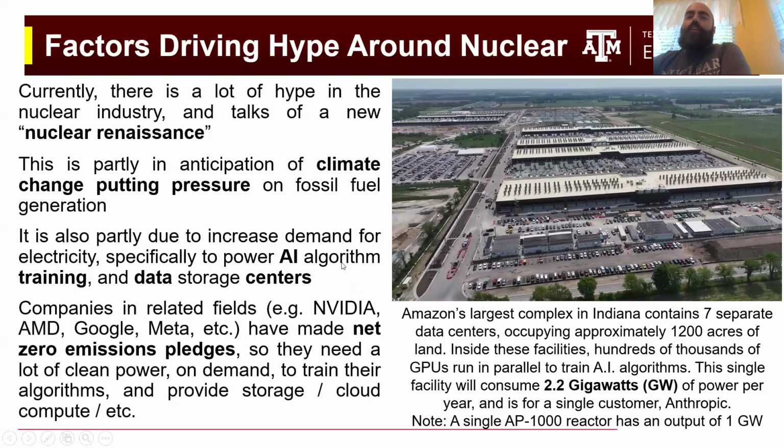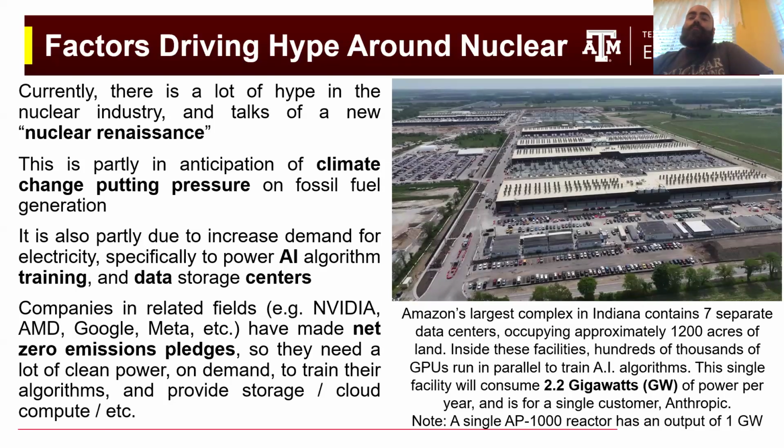If you look at Nvidia, AMD, Google, and Meta, all of these companies have made net zero emission pledges, where they're saying that by this year, our processes are going to on net produce no greenhouse gases. So if they are to hold true to their pledges, as they build out all of these data centers, they need to do it in a way that doesn't add carbon to the atmosphere, that doesn't produce greenhouse gases.